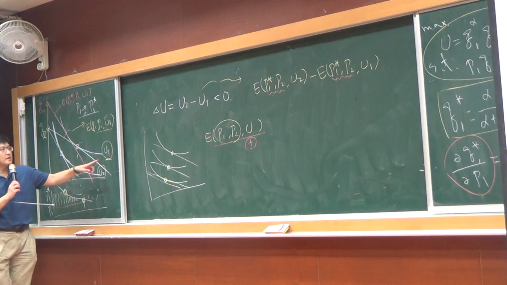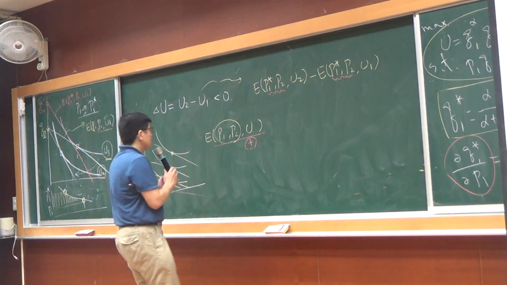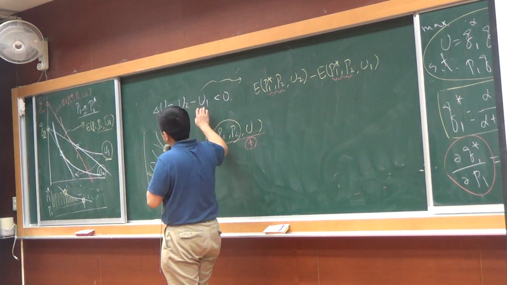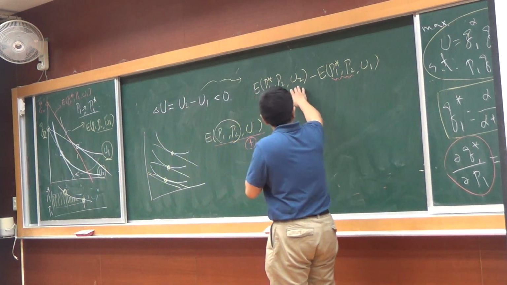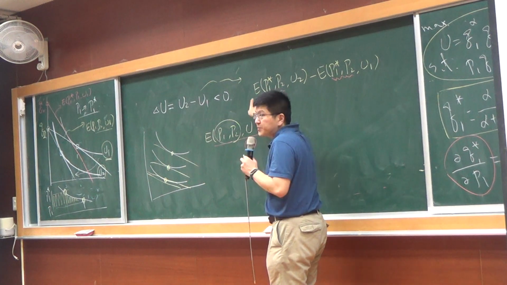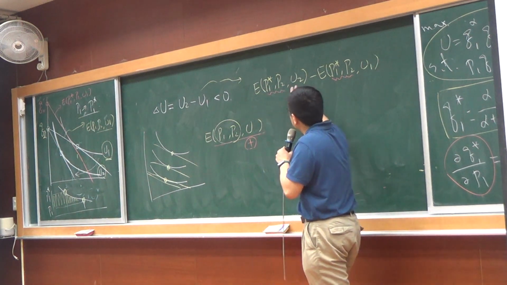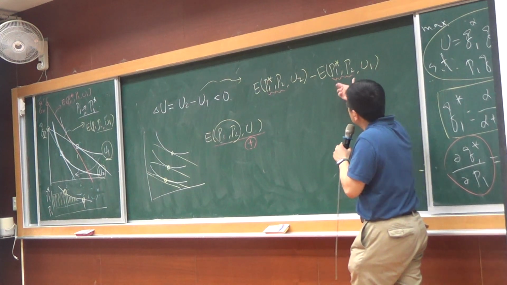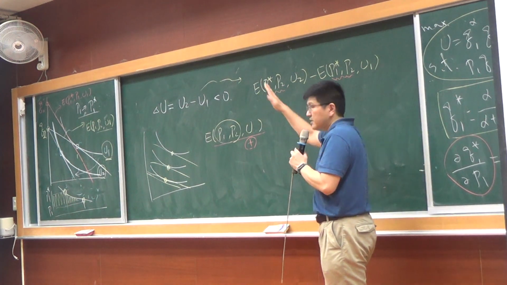So don't forget what we wanted to measure: U2 minus U1. We use the minimum expenditure to achieve U2 and the minimum expenditure to achieve U1 with the same slope.